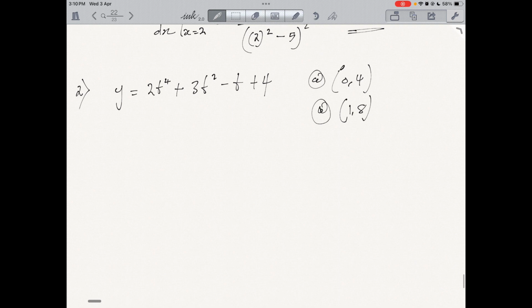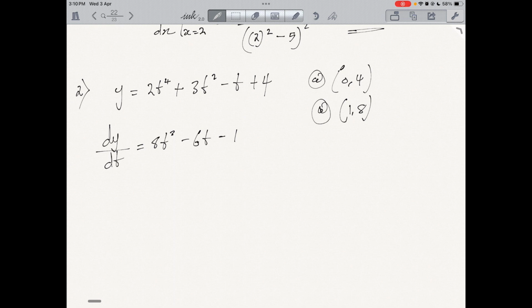So the first thing to do is to evaluate the differential, that's dy/dt. When we differentiate this, we have 8t raised to the power 3 minus 6t minus 1.